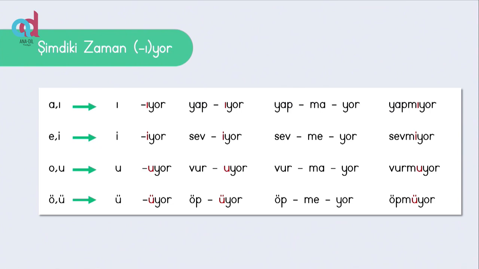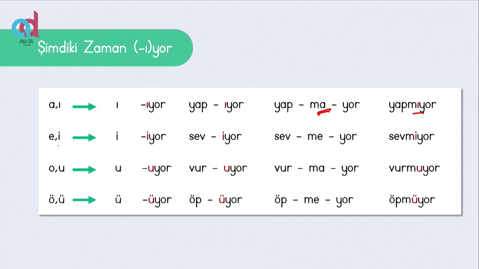If we have a, ı in our last syllable of our verb root, then the present continuous tense suffix has to start with ı. For example, yap, yapıyor. When we change it into negative, instead of yapmıyor, we also change this a into yapmıyor.